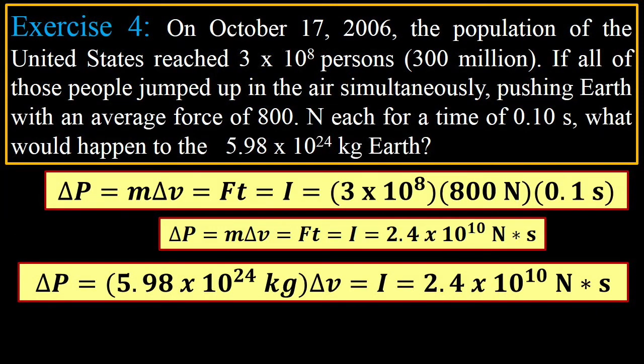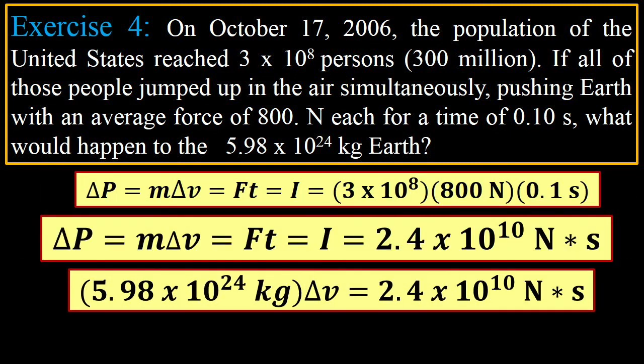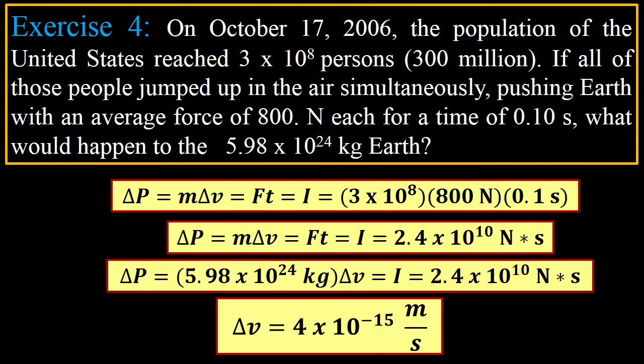And then divide through by the mass of the Earth. You're saying that the impulse equals m delta v, and delta v equals 4 times 10 to the negative 15th meters per second. So you see that it's pretty negligible.